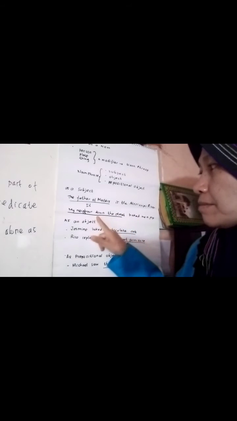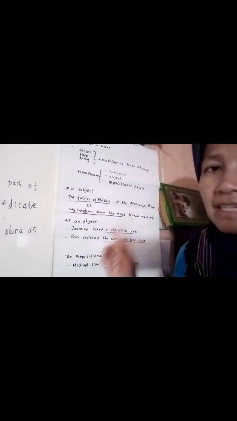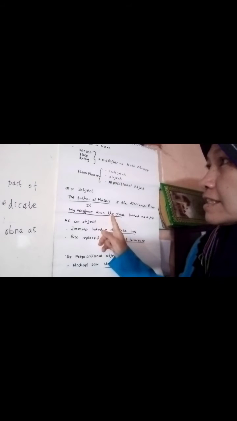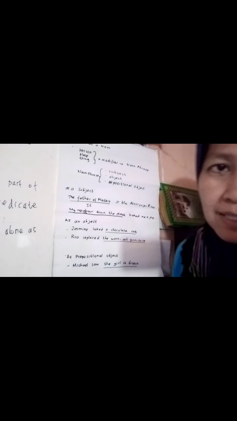My neighbor down the street, we can replace it with the pronoun he, she, or a noun like Carly or John. If it works, it does fit the flow of a sentence. It is a phrase. It doesn't contain a verb. It doesn't contain a subject. It is a phrase.